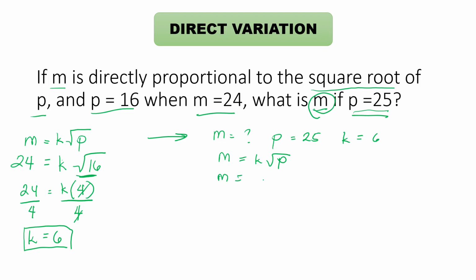So m is equal to k is 6 times the square root of p, or 25. So m is equal to 6 times the square root of 25 is 5. And then multiply this. m is equal to 6 times 5 is 30.